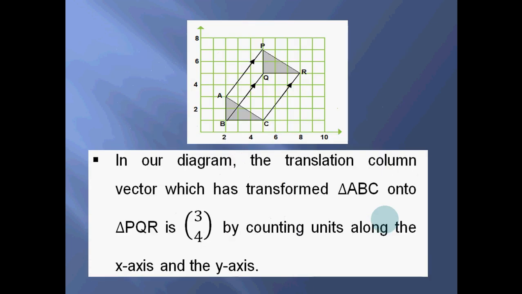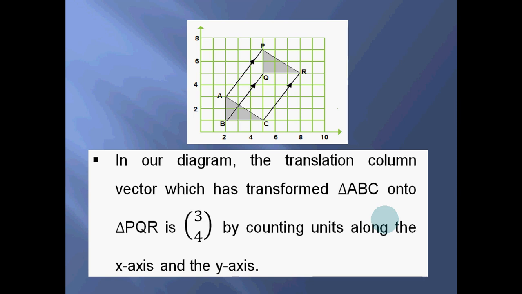Let us look at the illustration in our diagram. We have the triangle ABC, which has been translated onto PQR. Or in short, we can say triangle ABC has been shifted onto triangle PQR. Now, a translation is an isometry.